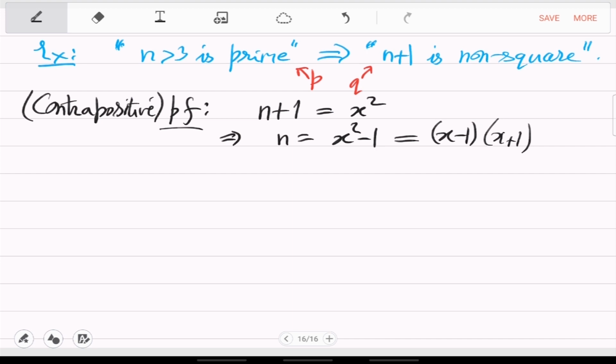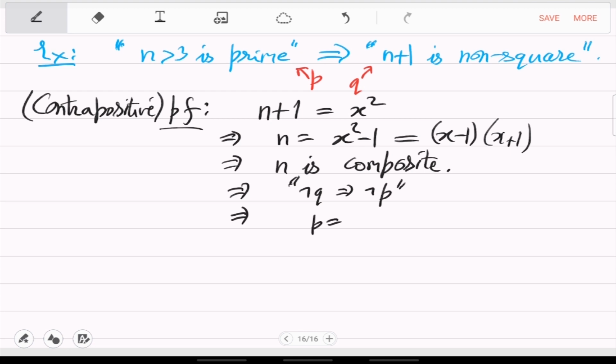In that case, n is 3, so we have ruled out n equal to 3 because we are assuming that n is greater than 3. So in those cases, by hypothesis, n is composite. So negation Q implies negation P. That's what you have shown, which means that P implies Q is what you have shown.